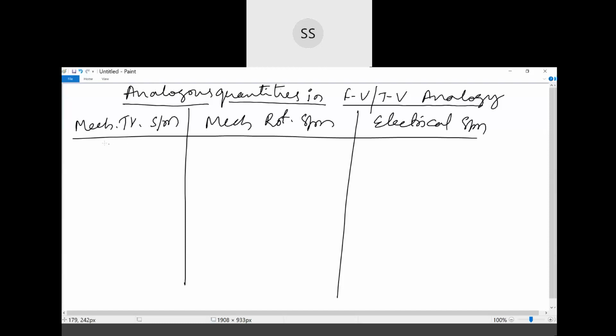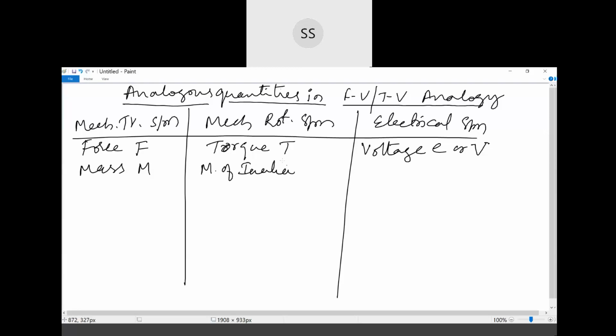In the mechanical translation system, the first quantity is force F. Similarly, in the rotational system we have torque T, whereas in the electrical system we have voltage E, or you can also use capital V. Next, in the translation system, mass M. Here we have the inertia element, the moment of inertia J. But in the electrical system, this is equal to inductance L.